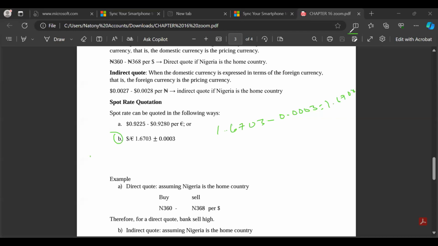So I bring the 1.6700 first. The second, the plus, comes next: 1.6703 plus 0.0003. So this should give 1.6706.